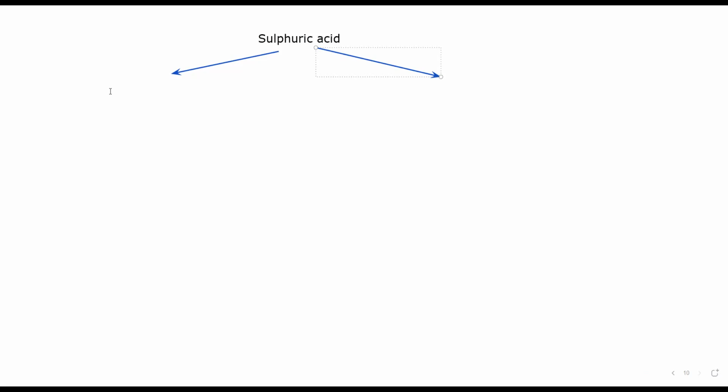So sulfuric acid as a drying agent and dehydrating agent. What is a drying agent?